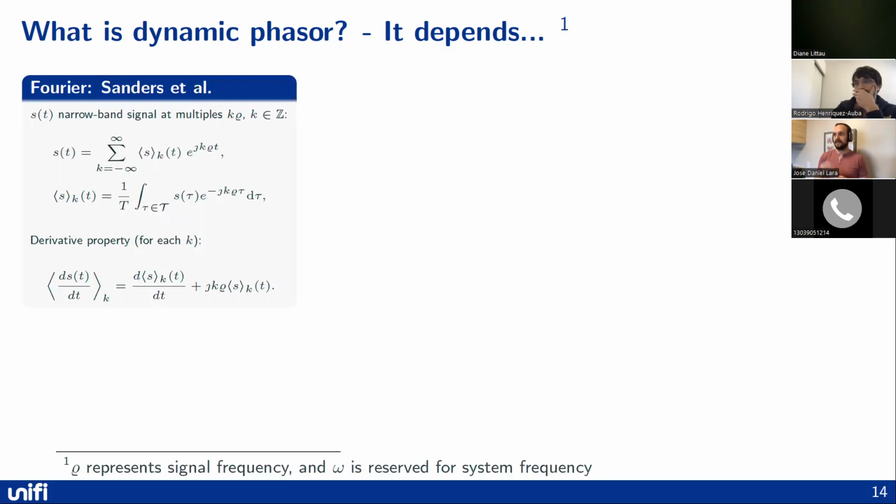In this case, we use the variable bar rho. And then you can find all the different multipliers of the Fourier components and come up with this derivative property. This was in the context of power electronics, so the choice of bar rho was the switching frequency of the power electronics, and then a different collection of dynamics happen at different values of k.